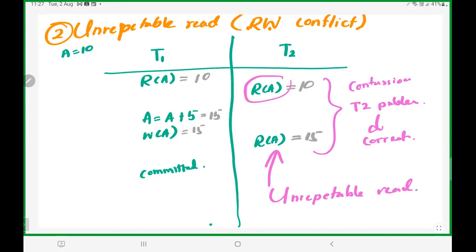There is a read-write conflict. After one transaction reads, the other transaction writes. That is the problem. When the read repeats, confusion arises. That is a read-write conflict. Got it?